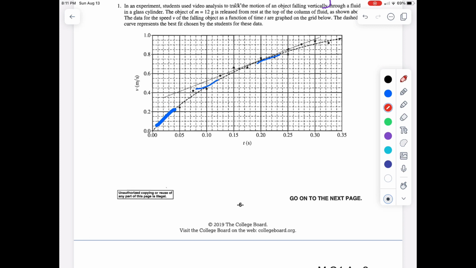So if I draw around 0.2, I draw a line. Okay, I'm going to use my y values as 0.8 and 0.6, and then for my x values, I'm going to say like 0.23 and maybe 0.16.